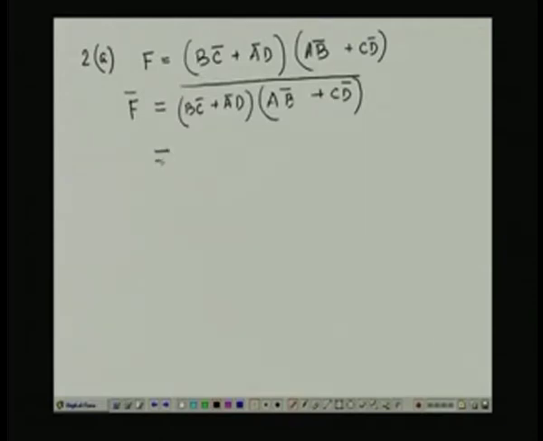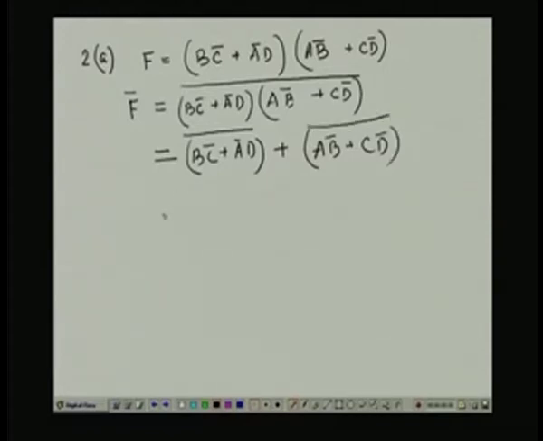So, the first part becomes B C bar plus A bar D, complement of that, this dot becomes plus, and then again A B bar plus C D bar, complement of that. So, if we take this as the f1 function and this as f2, then f bar is f1 complement plus f2 complement.